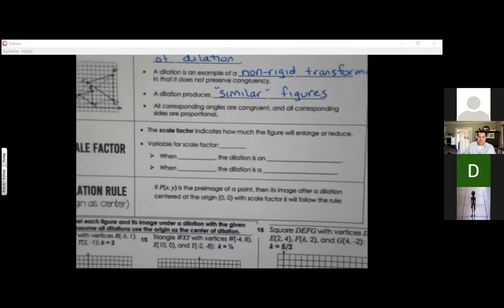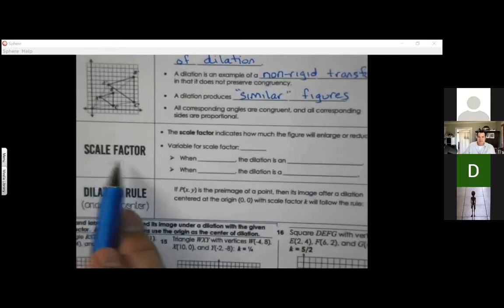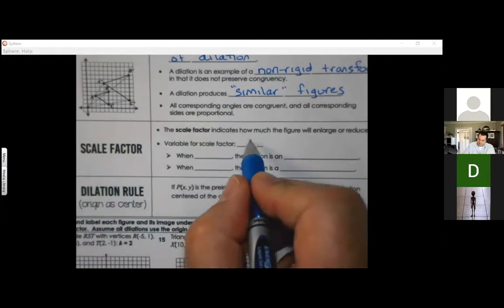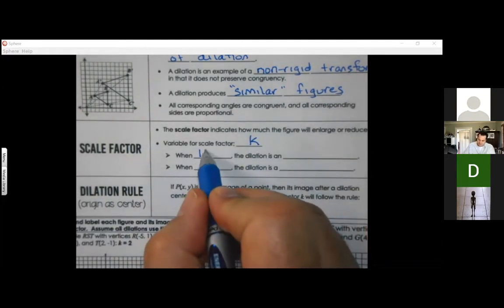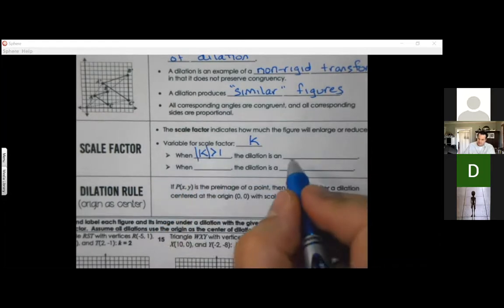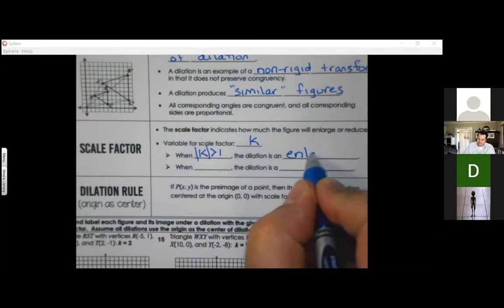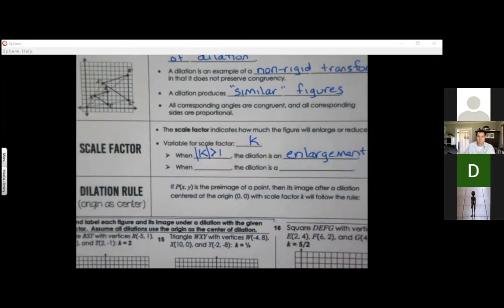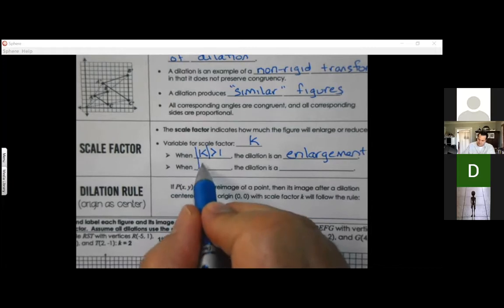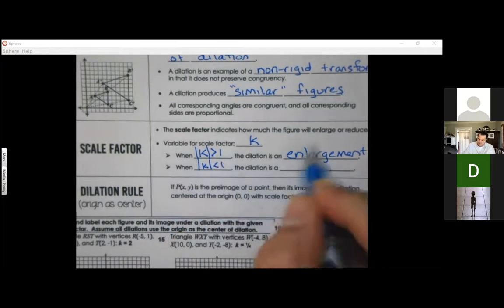So when we're dealing with these things, we're going to have something called a scale factor, which is how much it shrinks or grows. And we often use the character K for that. And when K is greater than 1, it really should be absolute value, then it's an enlargement. And when the absolute value of K is less than 1, then it's a reduction.